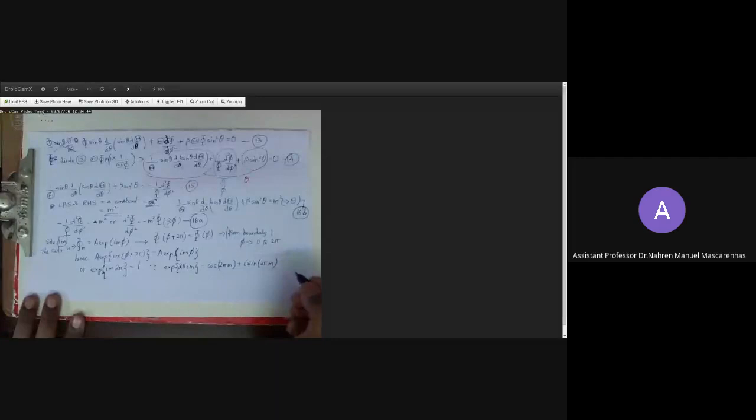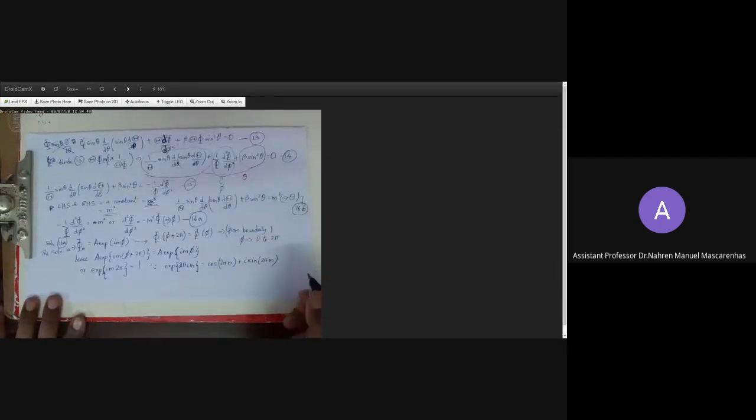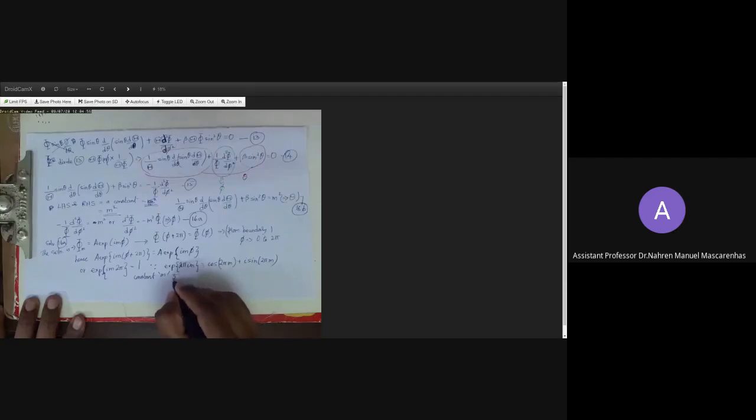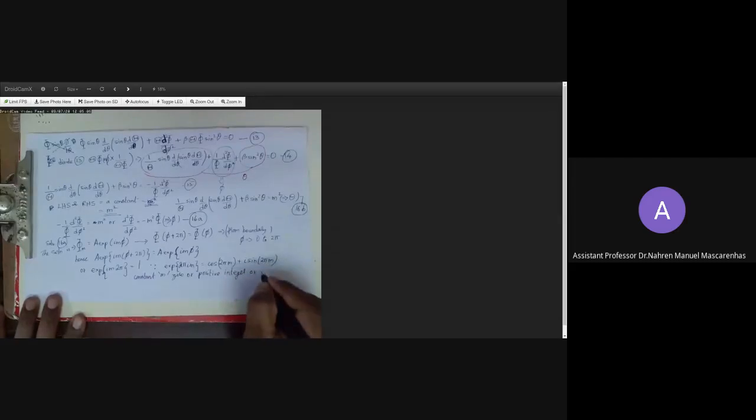This tells you that the constant m can have the value 0, or a positive integer, or a negative integer.